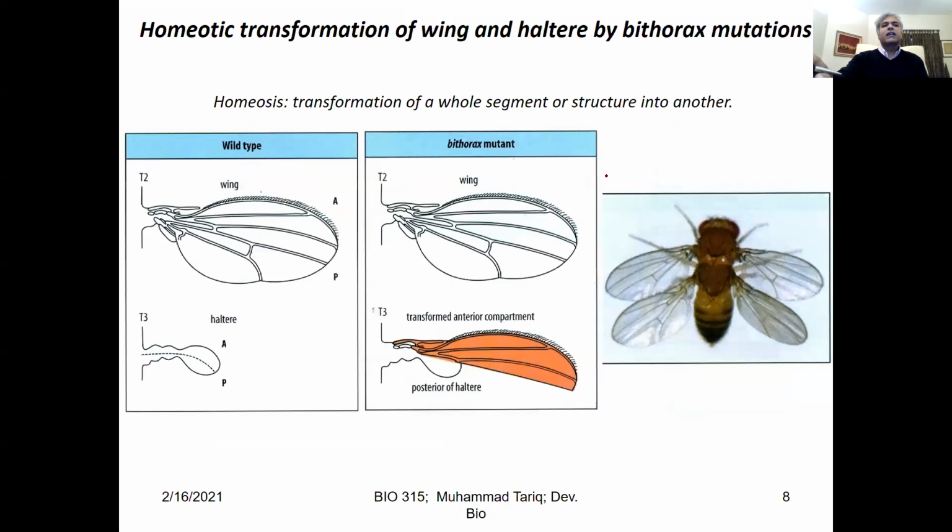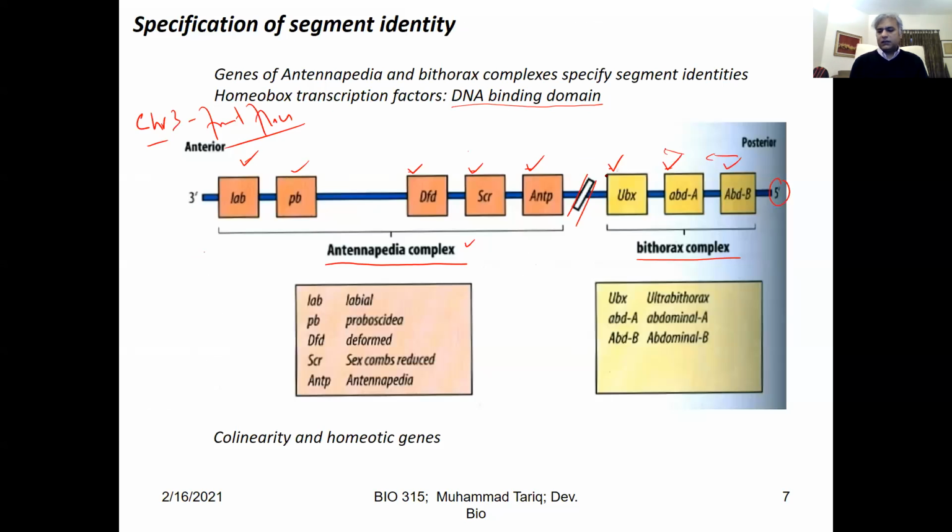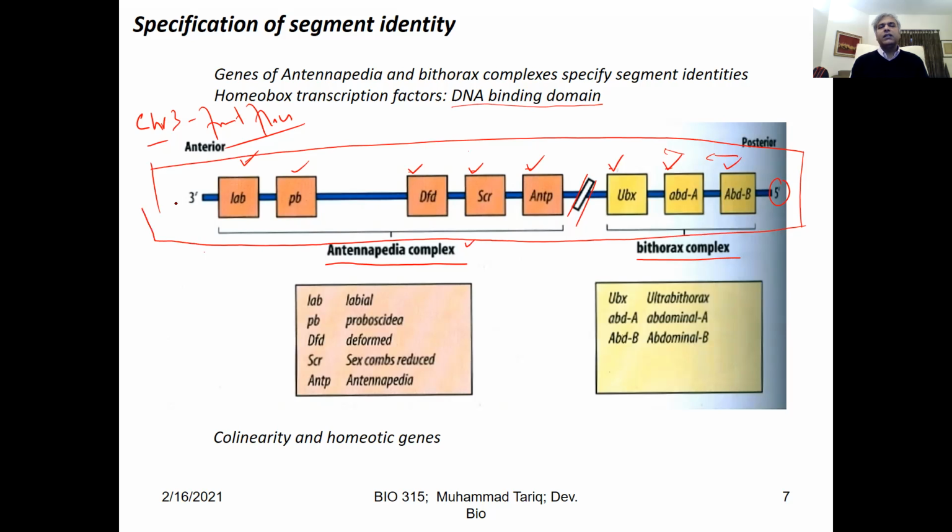What is interesting is this cluster of genes in fruit flies, the way they are organized and the way they are expressed in the fruit fly embryo. I try to draw the embryo. Labial is expressed in the anterior-most region.